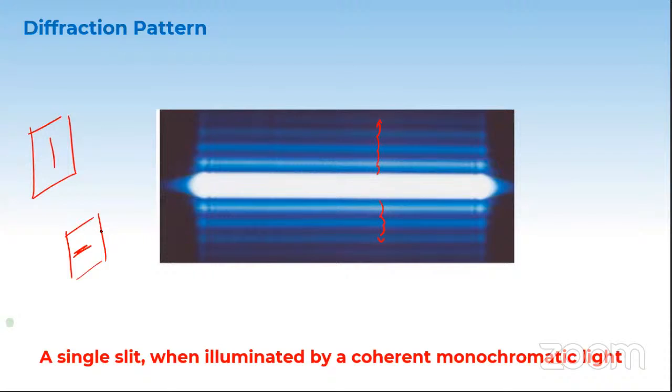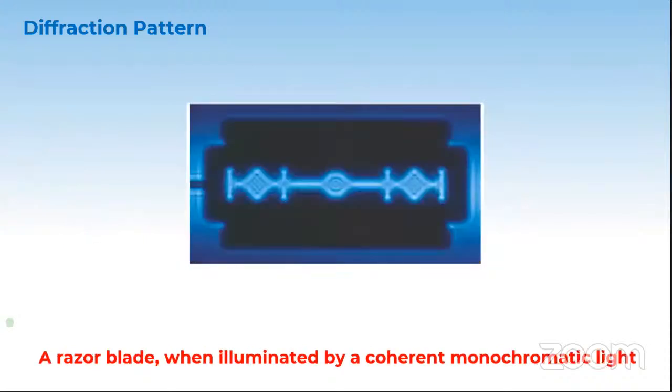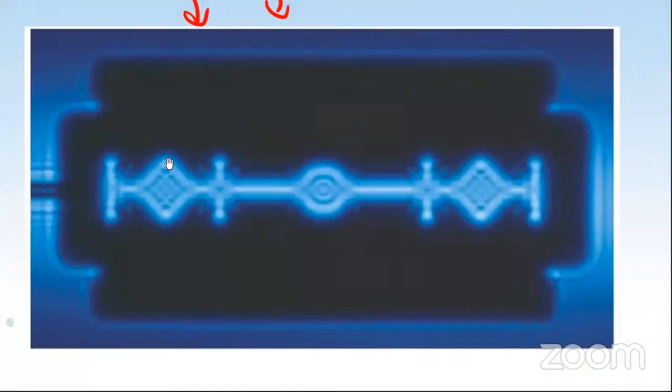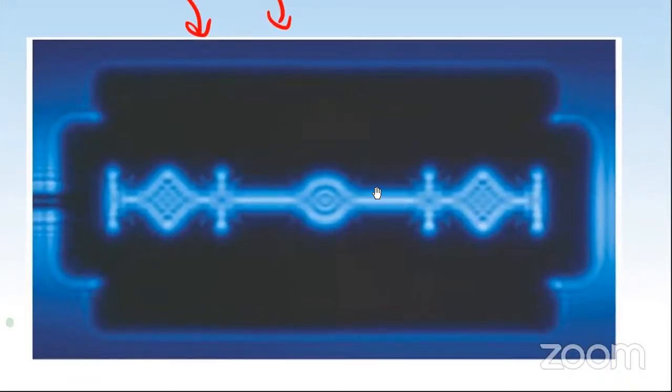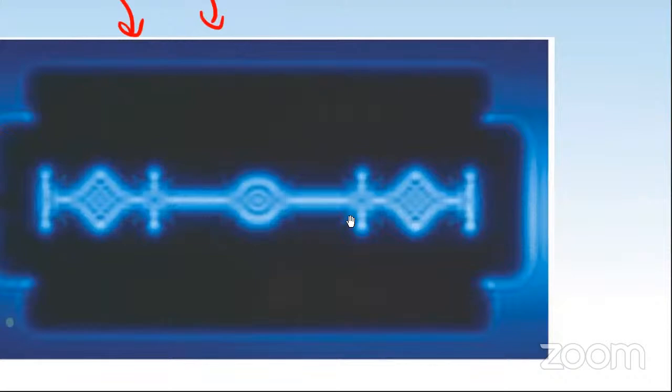You can do this also with a blade. If you do the diffraction experiment using a regular razor blade, you can notice the diffraction pattern very clearly. At the center, in these rhombus shapes, you can see bright and dark fringes all over. This is how you get diffraction in a razor blade.